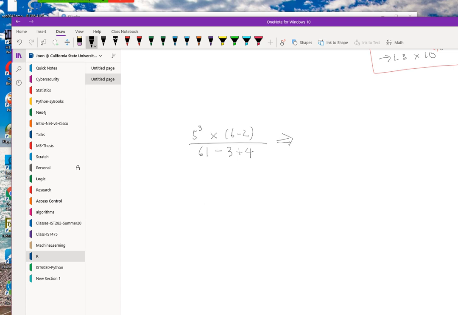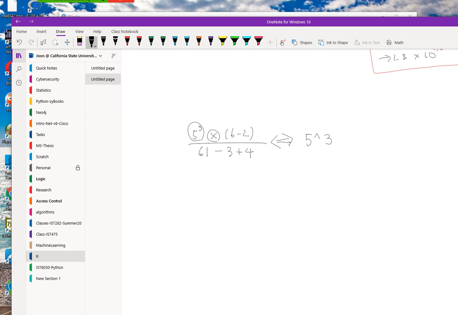The equivalent way of writing it in R: first 5, power to the 3, using the exponent operator.